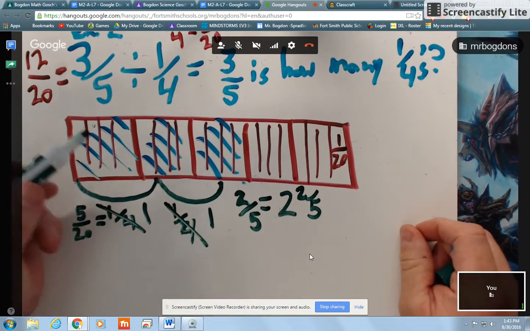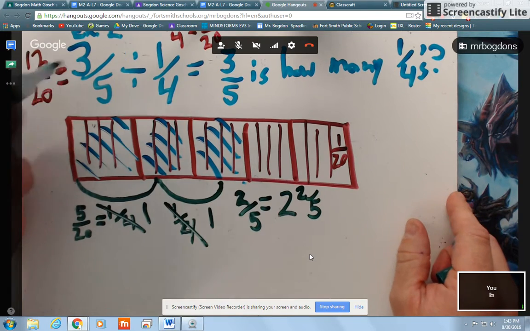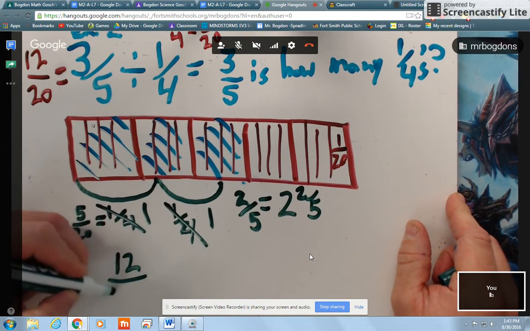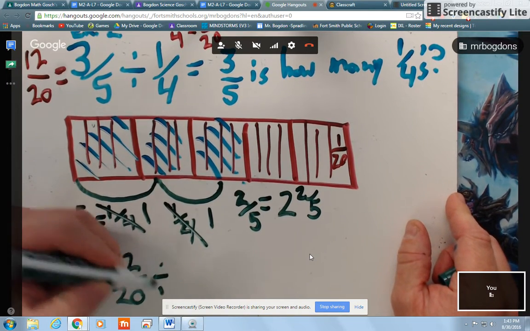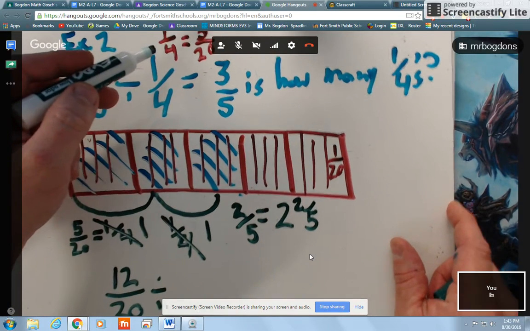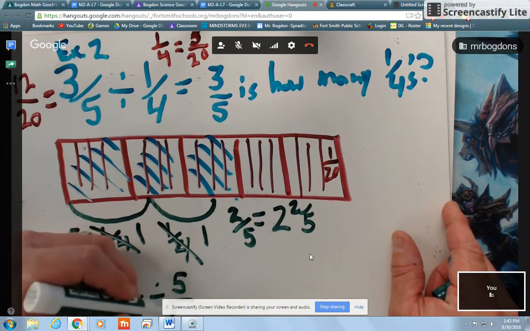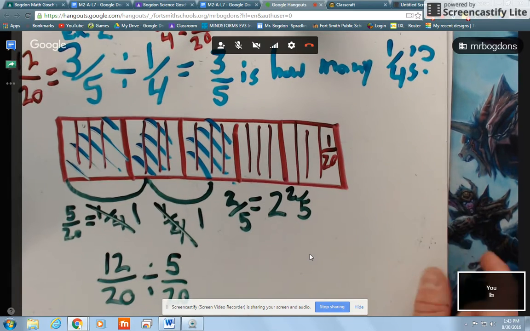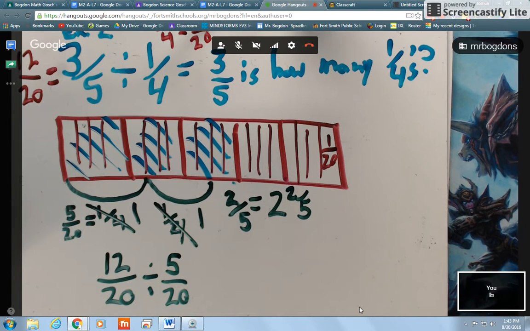What's another way I can think about this problem? I could have rewritten this as 12/20ths divided by 5/20ths. What do I notice about 12/20ths and 5/20ths? What's the same about them? Anytime you have the same denominator, what can you do?